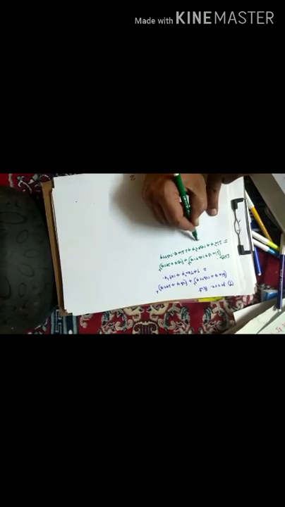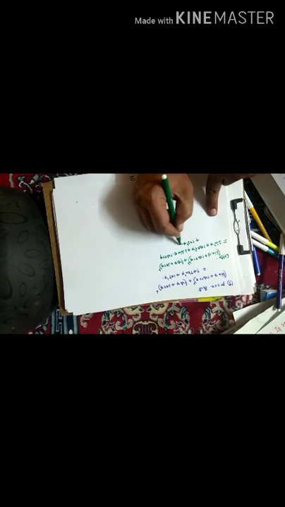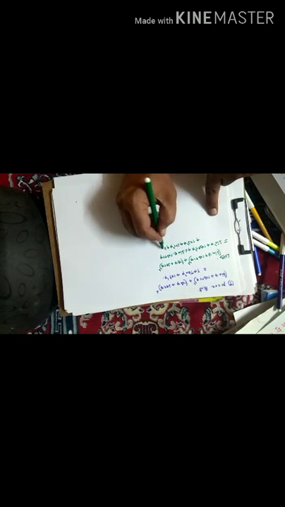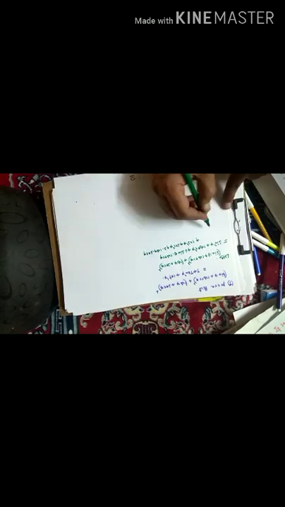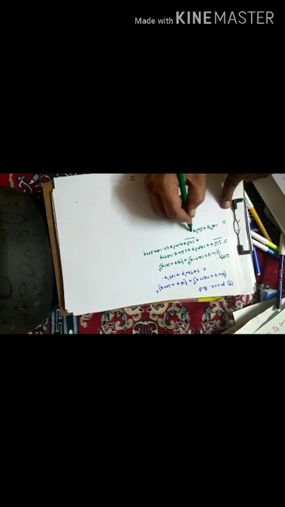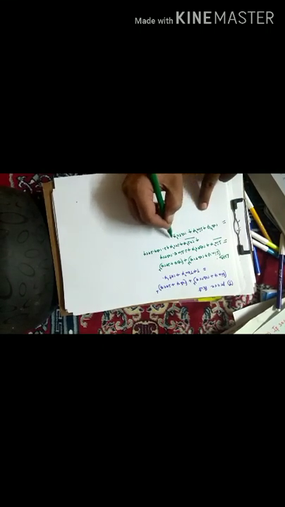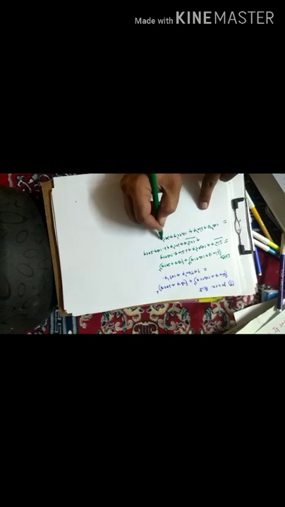The same way the second one also, if I open with a plus b whole square, cos square theta plus sec square theta plus 2 into cos theta and sec theta. So I will write cos square theta plus sin square theta plus cosec square theta plus sec square theta.